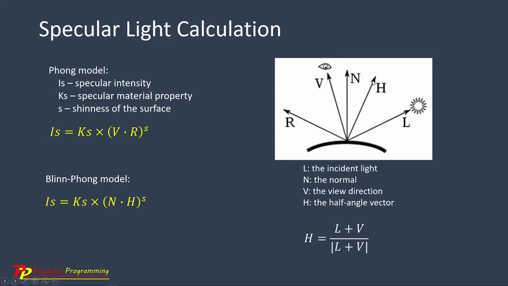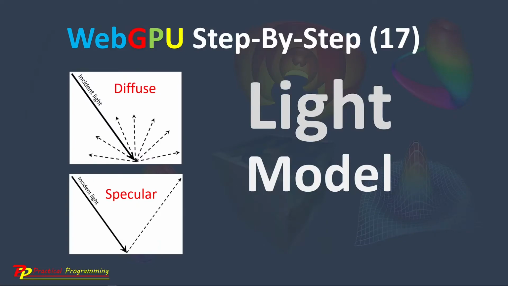Here H equals L plus V, normalized. Then the Blinn-Phong model is given by this formula: V dot R is replaced by N, the normal vector, dot H, the half-angle vector. Here, the angle between N and H is always less than 90 degrees, so this avoids the difficulty of the Phong model. Okay, let's go to the programming part.